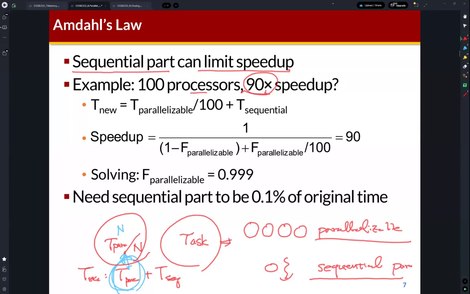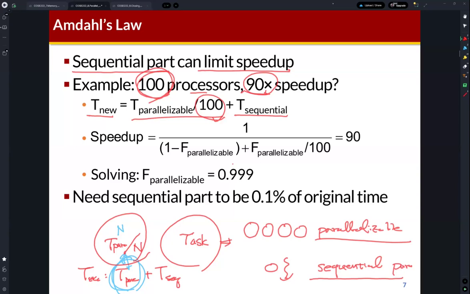The new execution time is T parallelizable divided by 100, because this is the number of cores, and we assume that the parallelizable part can be perfectly partitioned. But the sequential part cannot be improved by these 100 processors. And what is the speedup? Speedup is 1 over 1 minus f parallelizable, where f parallelizable is the fraction of the parallelizable part.